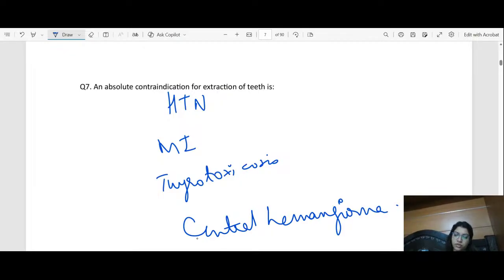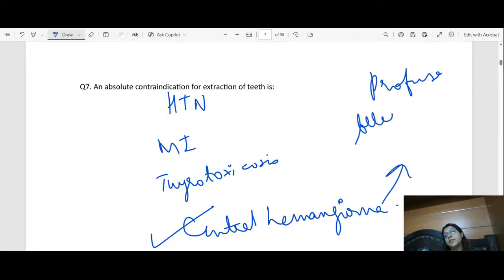So, what could be the answer? The answer is central hemangioma because it will lead to profuse bleeding and death if extraction is done in such a patient.